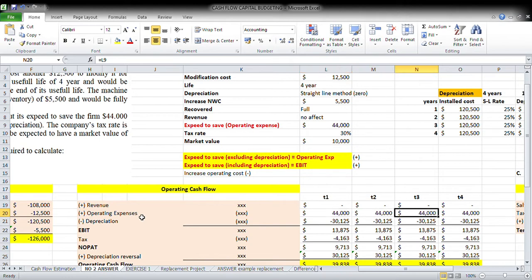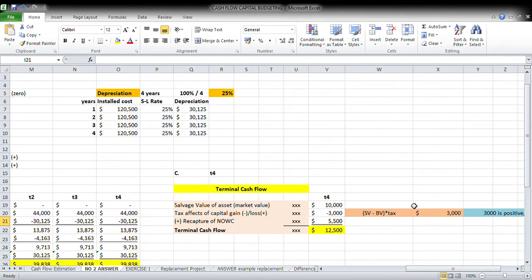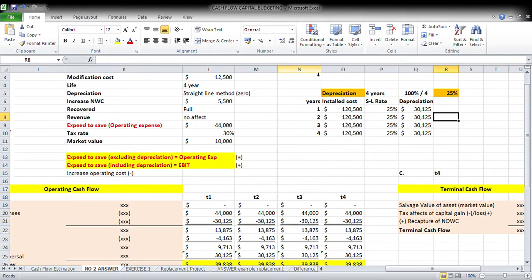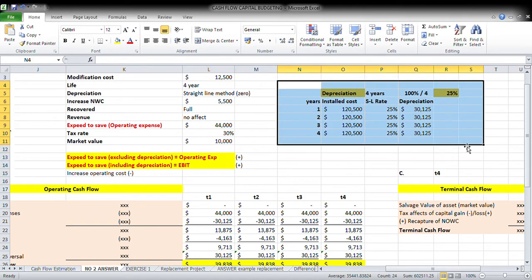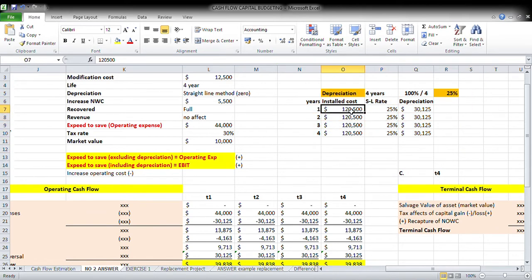So this one is plus 44,000, and then for depreciation, we should calculate depreciation first. Look at this one. This is the installed cost from the investment outlay, and the rate is 25%, which is 100% divided by 4 years.